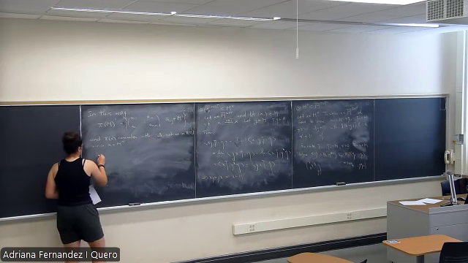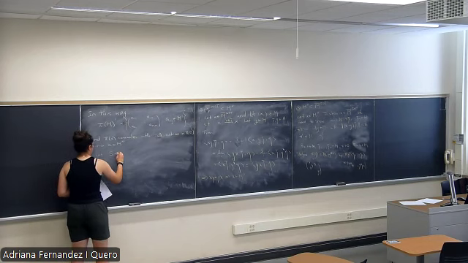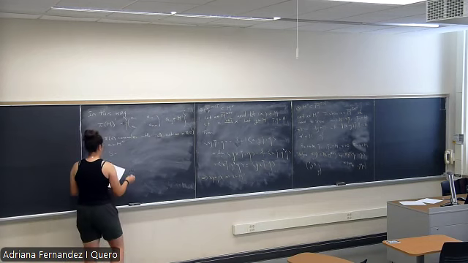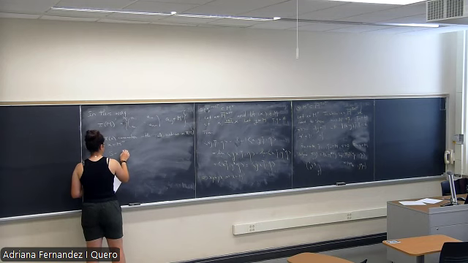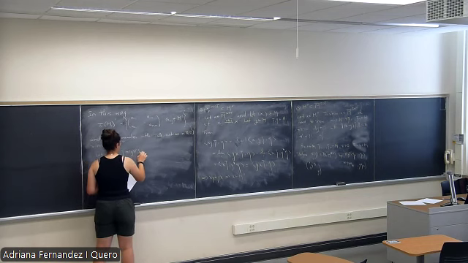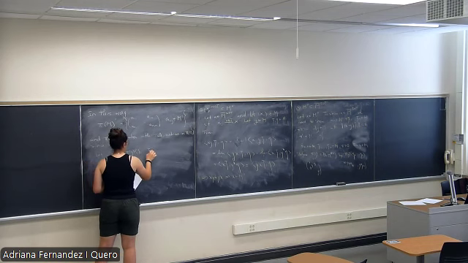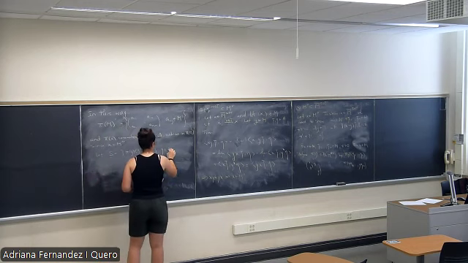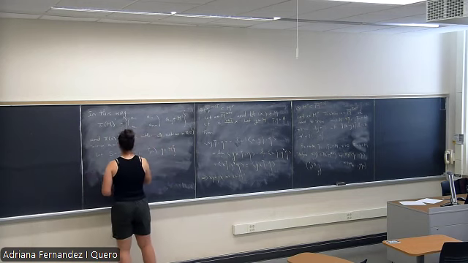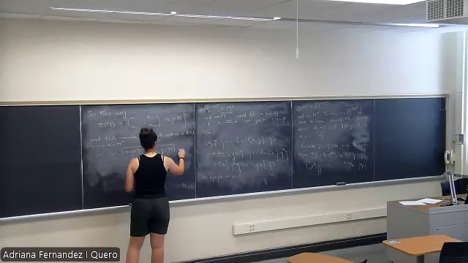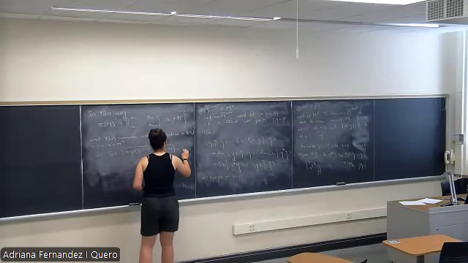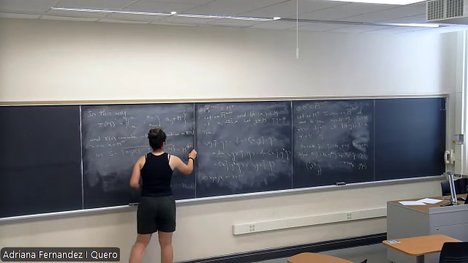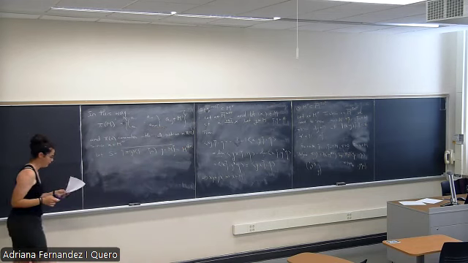Now take S to be the closure of phi of M, phi of y applied to psi 1 all the way to psi n for y in M. This is the closure. This is inside of H^n, the direct sum of n H's.